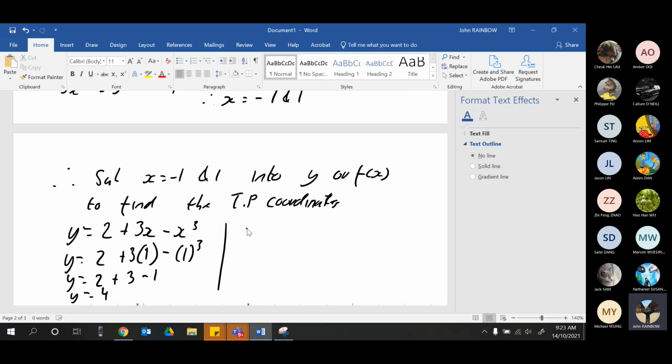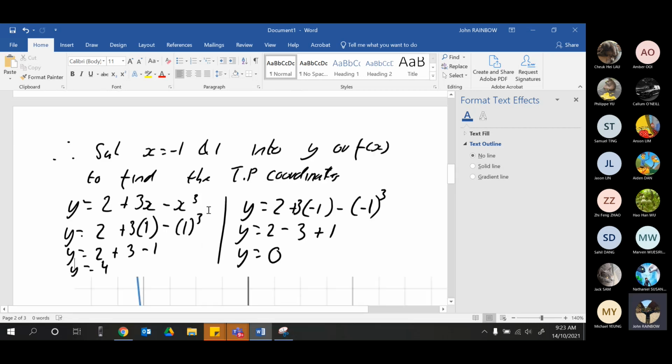I'm also going to sub in -1. y equals 2 plus 3 times -1 minus -1 cubed. y equals 2 minus 3. -1 cubed is negative, but a negative of that will make it positive. So that's plus 1. So y equals 2 minus 3 is -1, plus 1 is 0. So we have a couple of coordinates here.